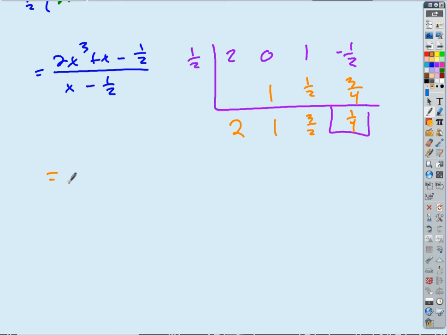So we end up with 2x squared plus x plus 3/2, right? Plus 1/4 divided by what? x minus 1/2.